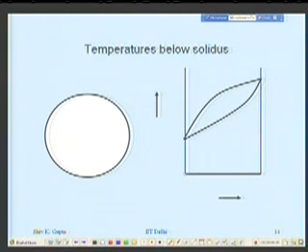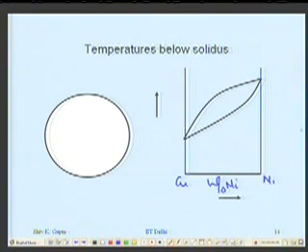So now I am below solidus. Once I reach here, below any other temperature, let us say this temperature, this will be all solid.